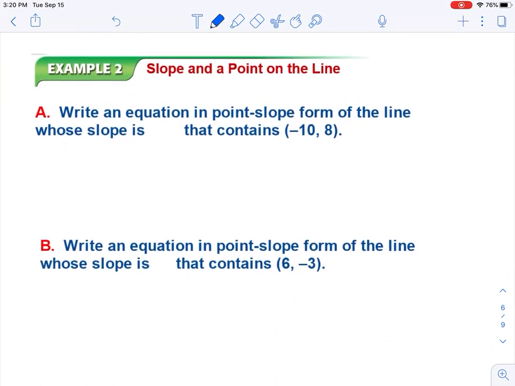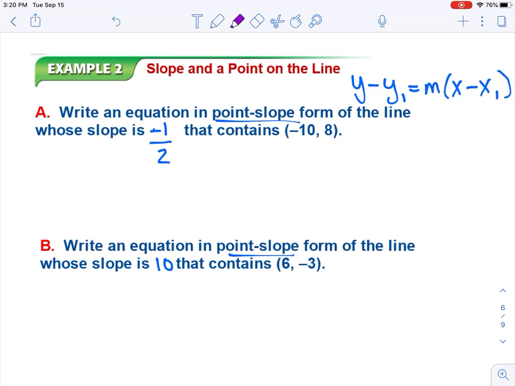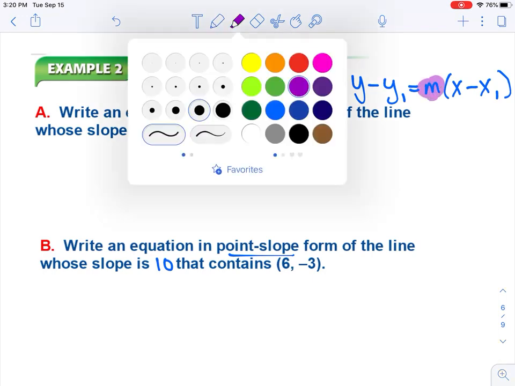This next set, we are going to write an equation in point-slope form for both of these. Given the slope, which we don't have right now, I'm just going to come up with a random slope. It doesn't really matter what it is for both of these. And contains the point. Now, like I said, point-slope form is made up of a point and our slope. Thankfully, that's what we are given. So, for my slope, I will plug in -1/2.